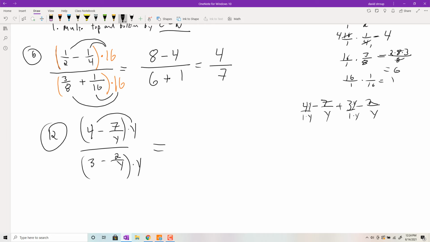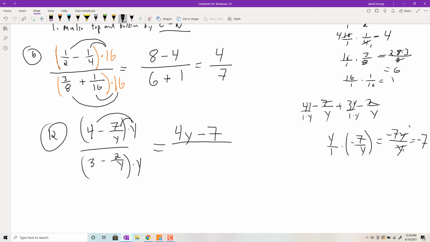Here, 4 times y is just 4y. When you multiply these together, the y's will cancel, and you'll just be left with minus 7. If you don't believe me, you could do that over here: y over 1 times negative 7 over y. You would get negative 7y over y, and then the y's would cancel, and you get negative 7 over 1, which is just negative 7.